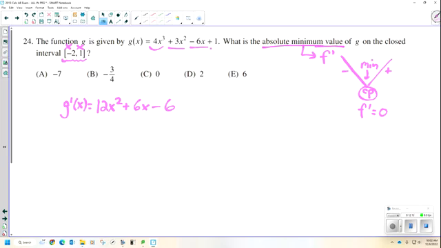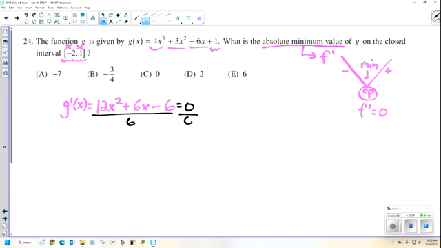The derivative of 1, a constant, is 0, so that goes bye-bye. Now we got to set this equal to 0, which means we're going to have to factor. Factoring never goes away. So let's set this equal to 0. I'm going to divide both sides by 6.